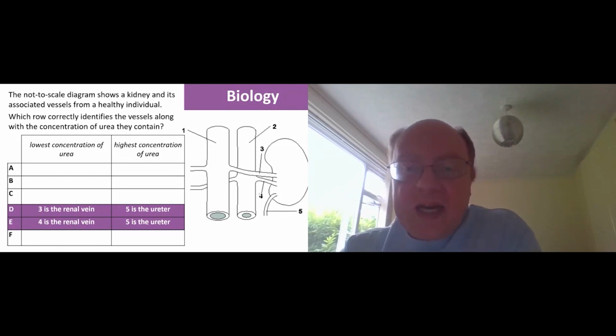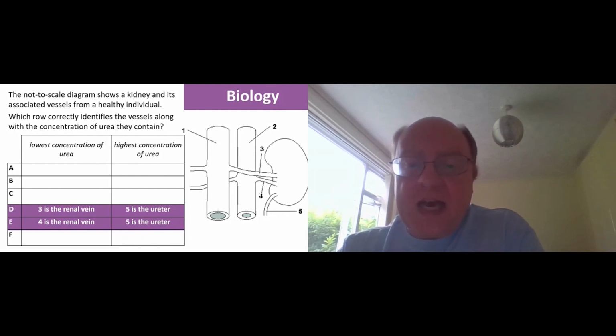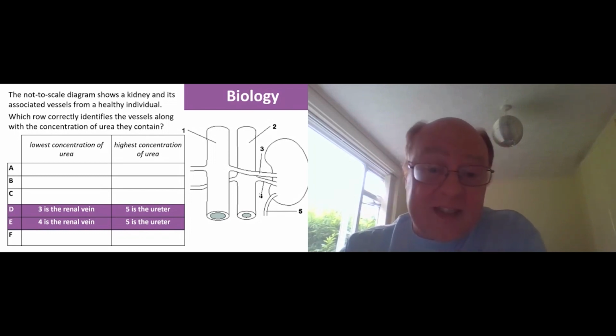Vessel 2 has quite thick walls and quite a narrow channel. Hopefully you'll remember that arteries tend to have thick walls and narrow channels, whereas it's veins that have the thinner walls and the wider channels. So we can correctly identify that 3 is probably a renal vein because 1 is probably a vein. Therefore the correct answer is D.